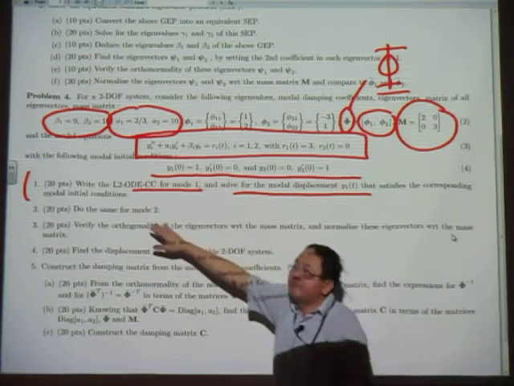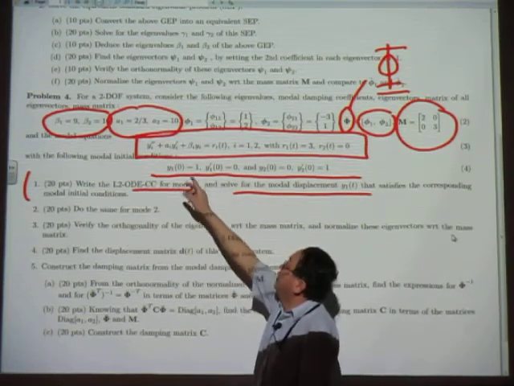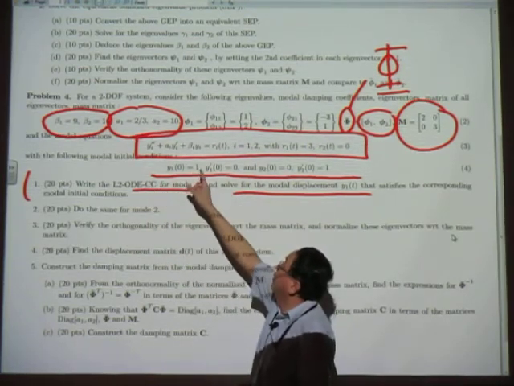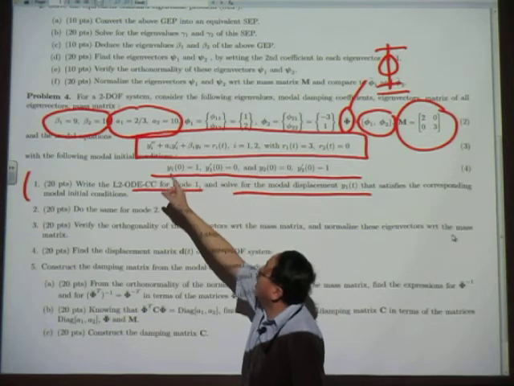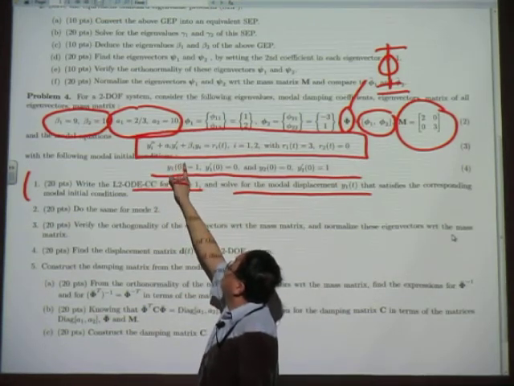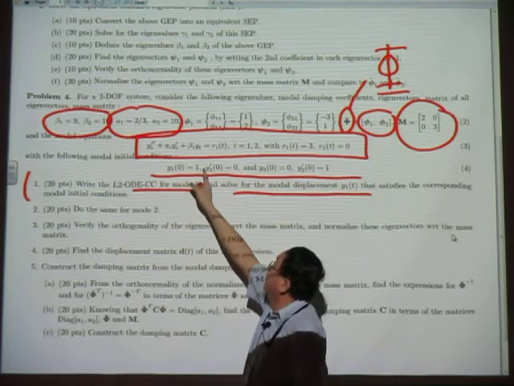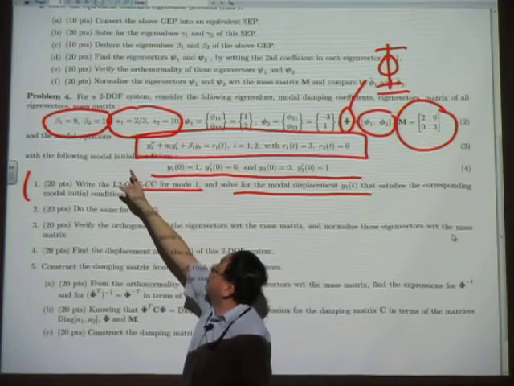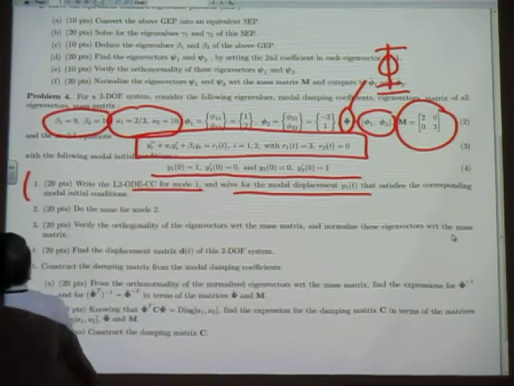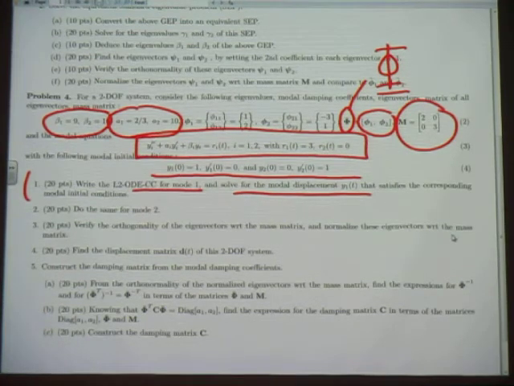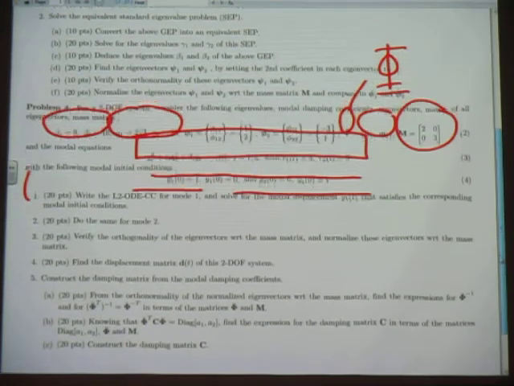And then you do the same for mode 2, right? So mode 2 would be y2 double prime plus alpha 2 y2 prime plus beta 2 y2, where alpha 2 is equal to 10, and beta 2 is, I wrote on top of this, the number should be 16. Yeah, 16.